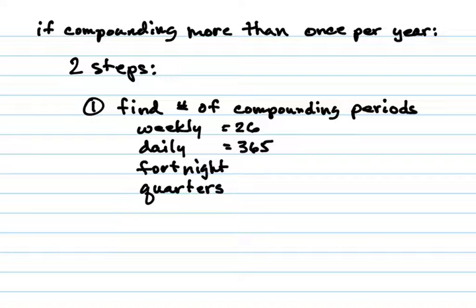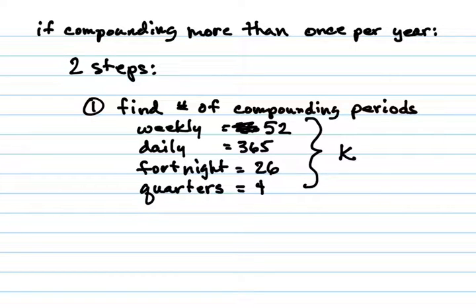We ignore leap years. Weekly is 52, by the way. Fortnightly is 26, and quarters means 4 times a year. These values we call k. So these are the times within a year that the compounding is done.